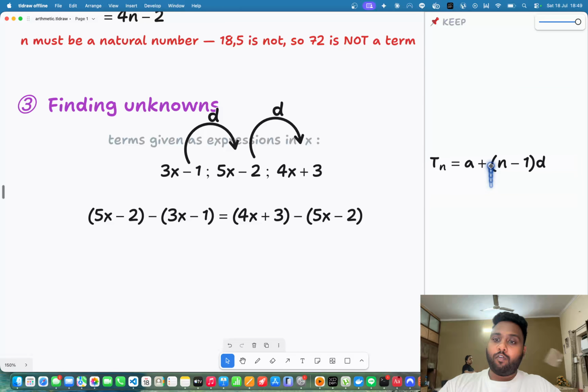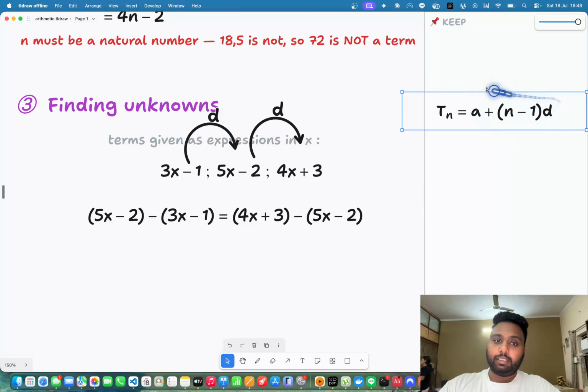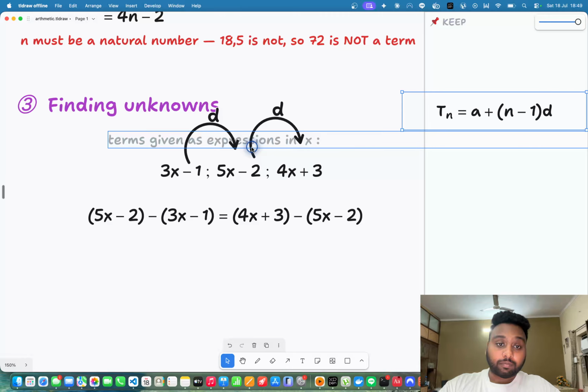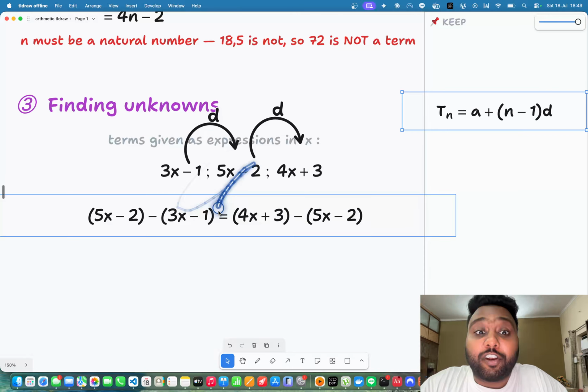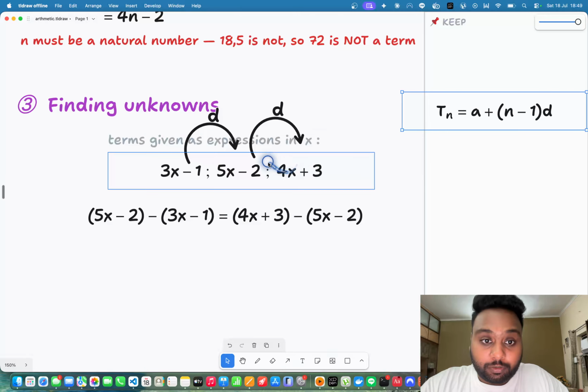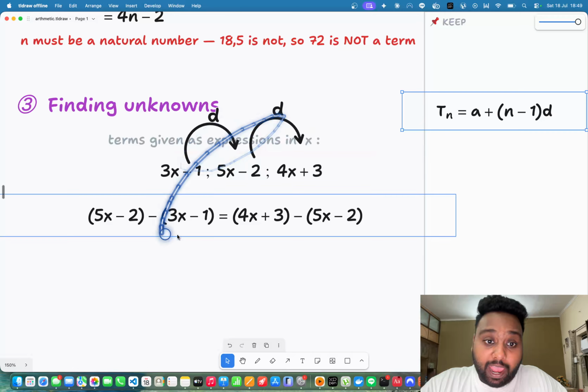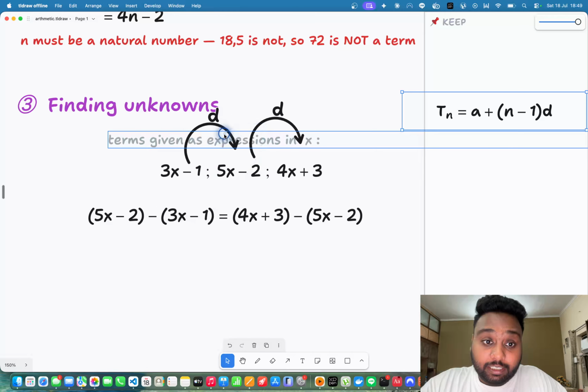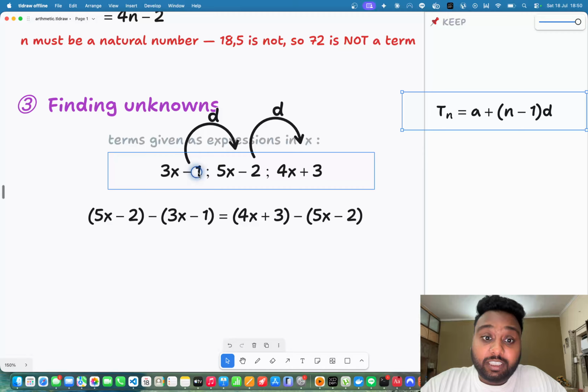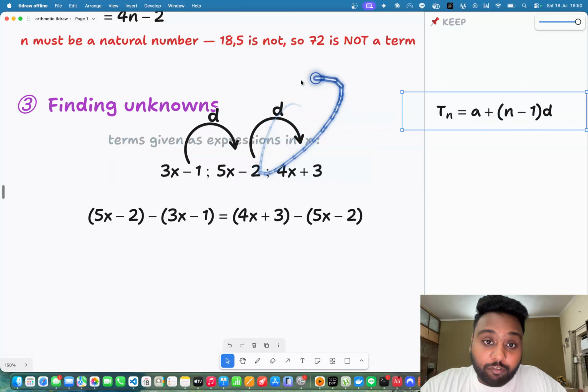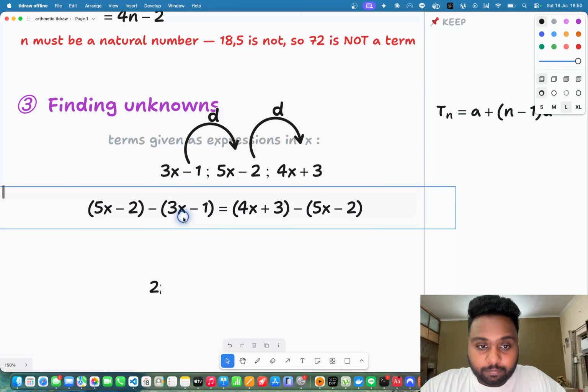So we have been given this, and this is the basic definition of arithmetic progression. Any sequence or series where the difference remains common is an arithmetic sequence or series. Now we just use that logic to come up with this equation here.